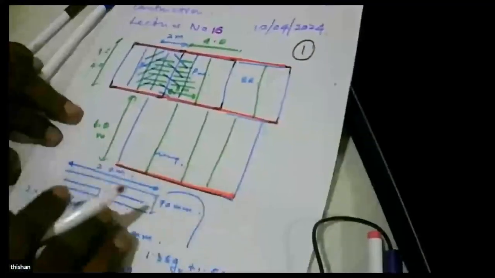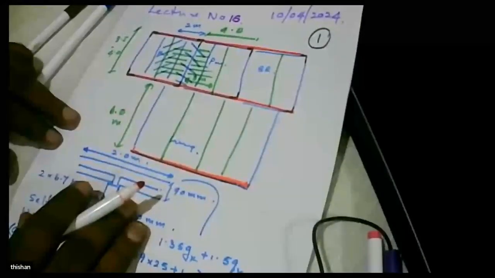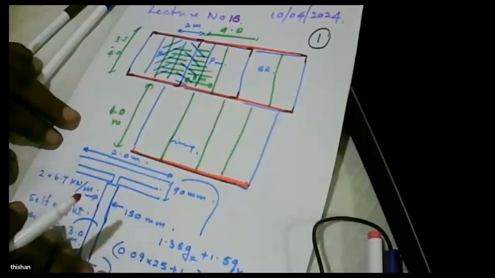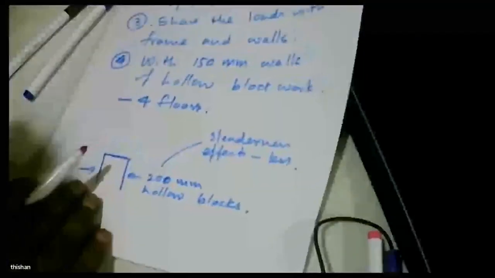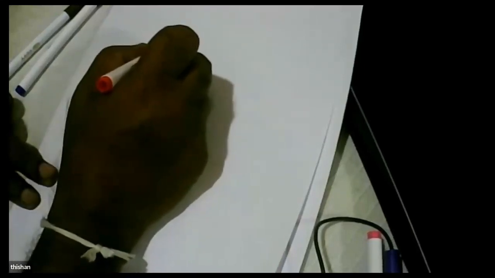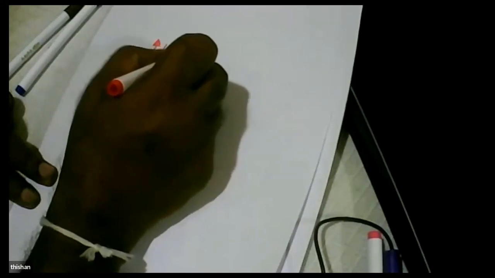So what happens is, if you look at the uplifting associated with the cyclone, it will be something like 1 kilonewton per meter square.